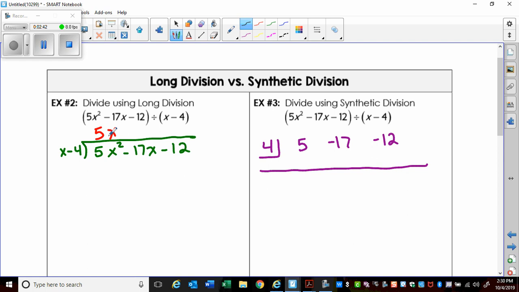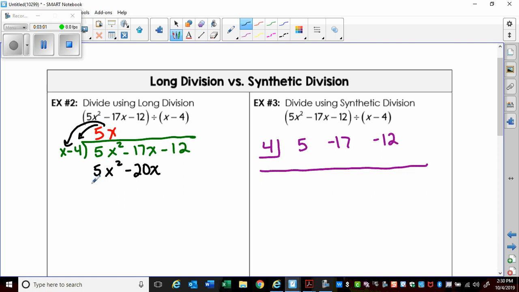That's what we need. Now I distribute it to both. 5x times x is 5x squared. 5x times negative 4, 5 times 4 is 20, so this is negative 20x.